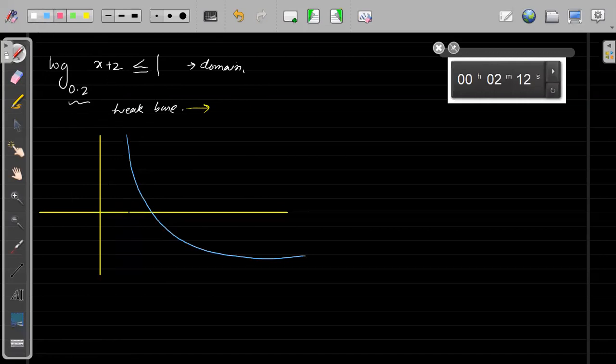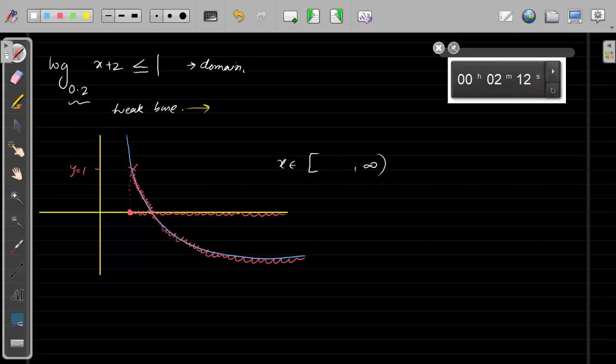The first part is that log base 0.2 is less than or equal to 1. Here it equals 1. Here the value of y is 1, and then x can take all values from here onward.